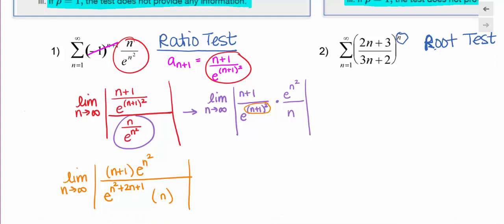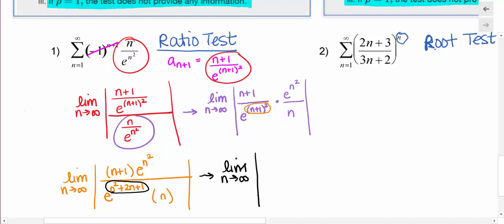Okay, and when you're multiplying with the same base, you add your exponents. So when I have 3 terms like that in my exponent, this would be the same thing as me saying, I'm going to leave my numerator alone, and this would be the same thing as me saying e to the n squared times e to the 2n plus 1.